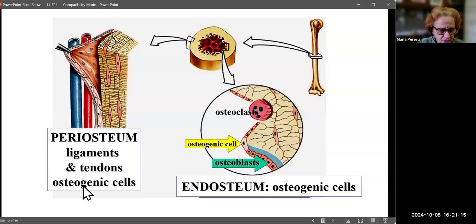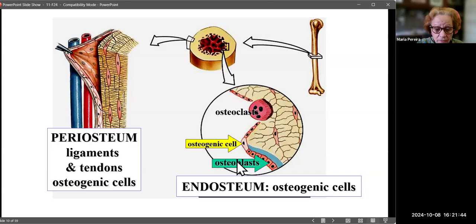So genic means that they lead to something. These cells are bone cells that have the capability to undergo mitosis, and they give rise to the cells that are the osteoblasts. And remember, at the beginning of the lecture, I mentioned that the osteoblasts are the architects of the bone. They're the ones that deposit calcium on the bone. Those are the osteoblasts.